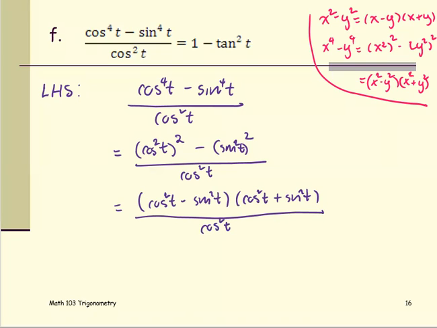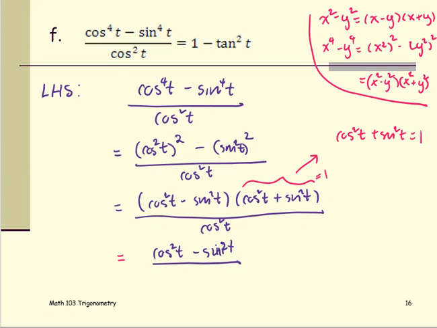When we look at the product, the group of the sum of the squares, we can use the Pythagorean identity, cosine squared t plus sine squared t equals 1. That means this factor is replaced by the value 1. Now we can write it as cosine squared t minus sine squared t, divided by cosine squared of t.